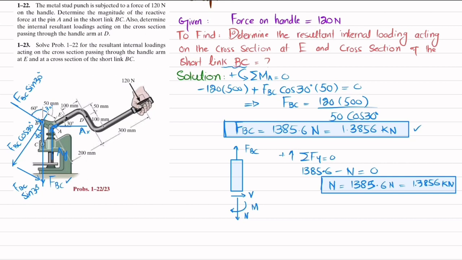Now for the shear force we will apply the equation of equilibrium: sum of all forces along the x direction must be equal to 0, with force in this direction taken as positive. You can see in this direction there is no other force, so it means V is equal to 0.